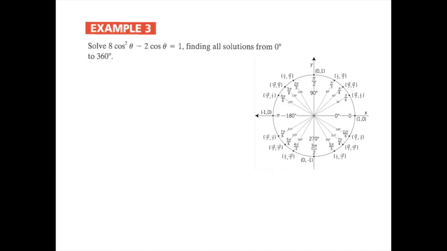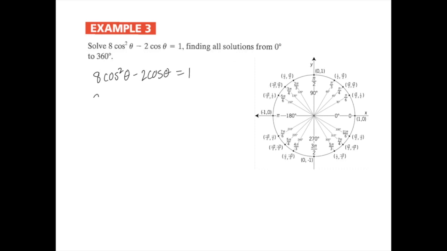Our third example is probably the trickiest, both for solving and finding our values on the unit circle. So I'm going to go ahead and copy this down, and you'll notice that we actually have a cosine squared term and a cosine term in this problem, which if you think about that, it mimics a quadratic equation like we might have seen in the past where we have a squared term and a non-squared term.